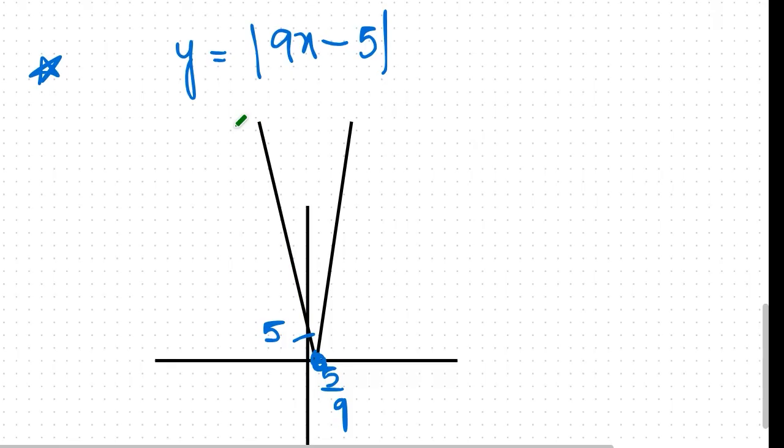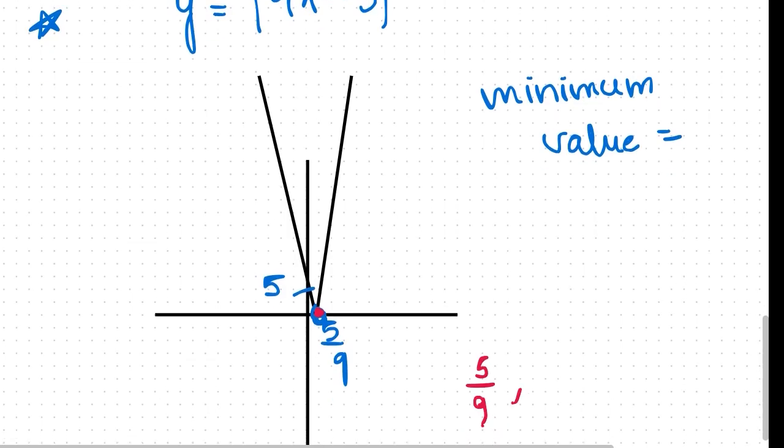What is the minimum value in this graph? If they ask, what is the answer? It's not 5 by 9. Minimum value indirectly means they are asking about the y value, the output value.